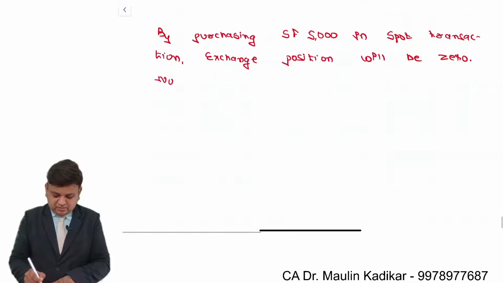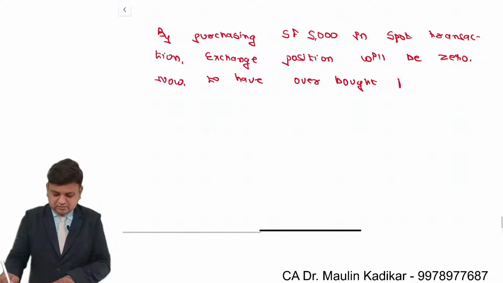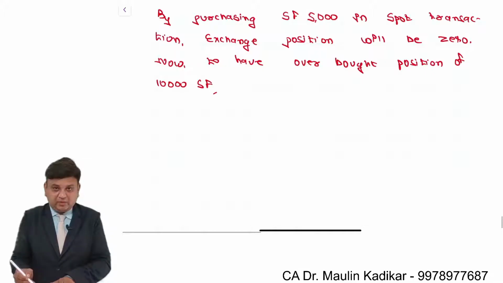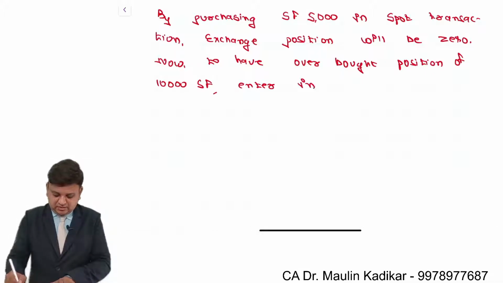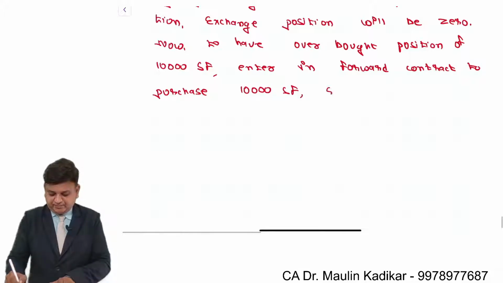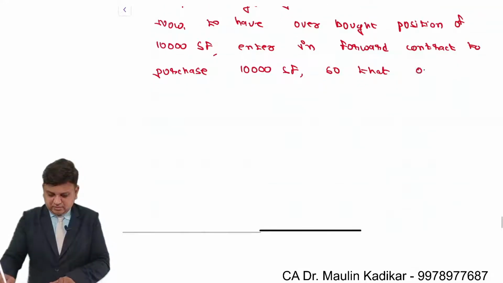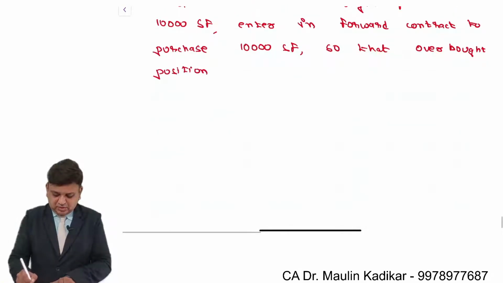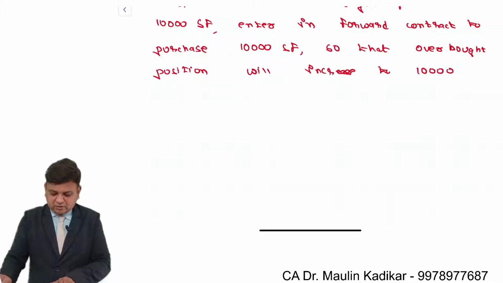Now, to have an overbought position of 10,000 Swiss franc, enter into a forward contract to purchase 10,000 Swiss franc so that the overbought position will increase to 10,000 Swiss franc.